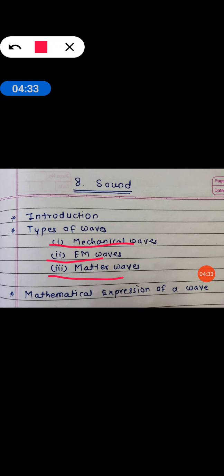Such waves are matter waves. How? Take the example of an electron beam. If a beam of electrons can be diffracted just like a beam of light, it is an example of the matter wave.